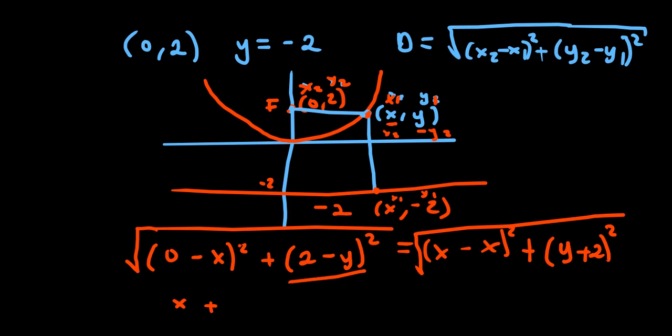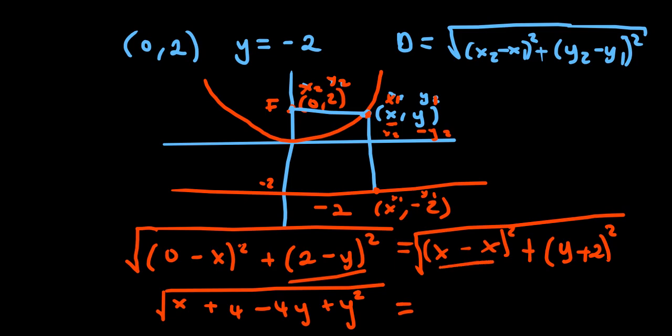When I expand that, I'll have plus 4 minus 4y plus y squared, and all this is in the square root. Then this should be equal to, there I get 0, and when I expand that, I'll get y squared plus 4y plus 4 in the square root, like that.